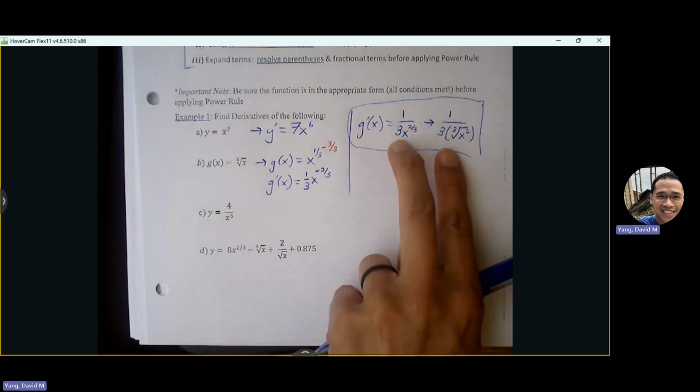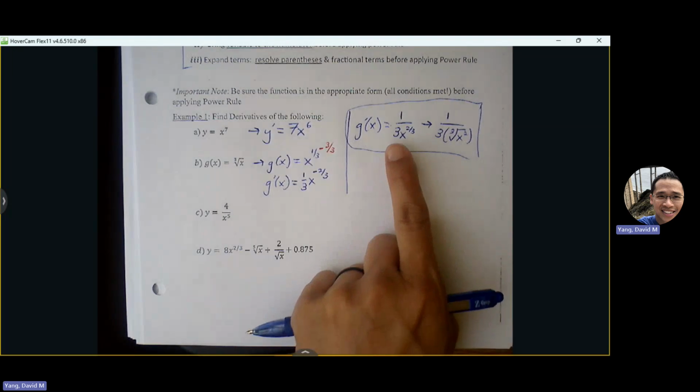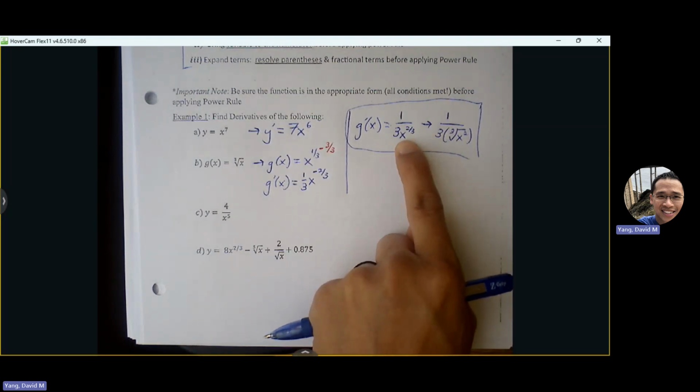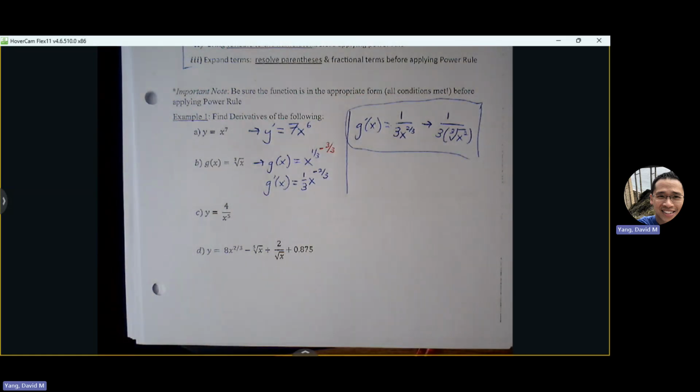So if you want to get in either of these forms, that's fine. And on the AP exam, if it's multiple choice, sometimes they would show an answer choice in rational form. Sometimes they would show the answer choice in radical form. So as long as we recognize how to go from one form to the next, it doesn't really matter. If it's free response, you can represent your answer in any form.